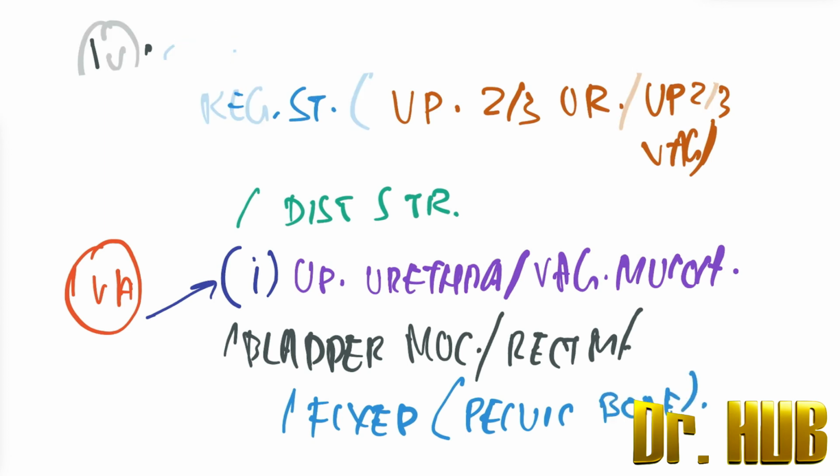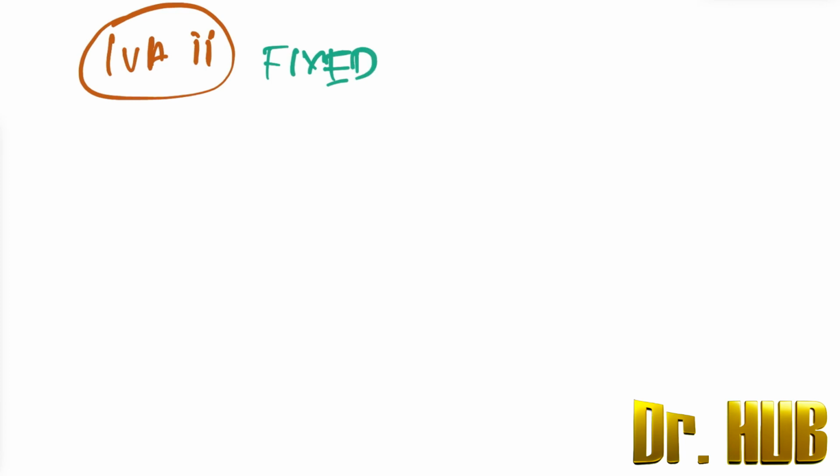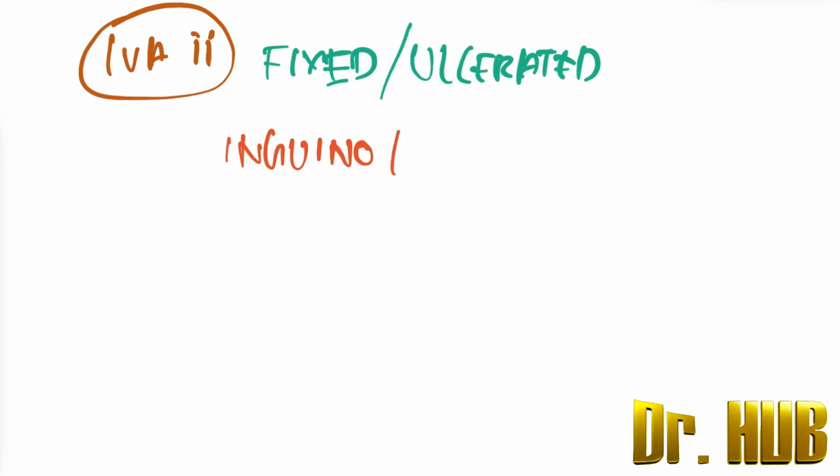Now let's look at 4A2. In 4A2, it is fixed or ulcerated inguinofemoral lymph nodes.